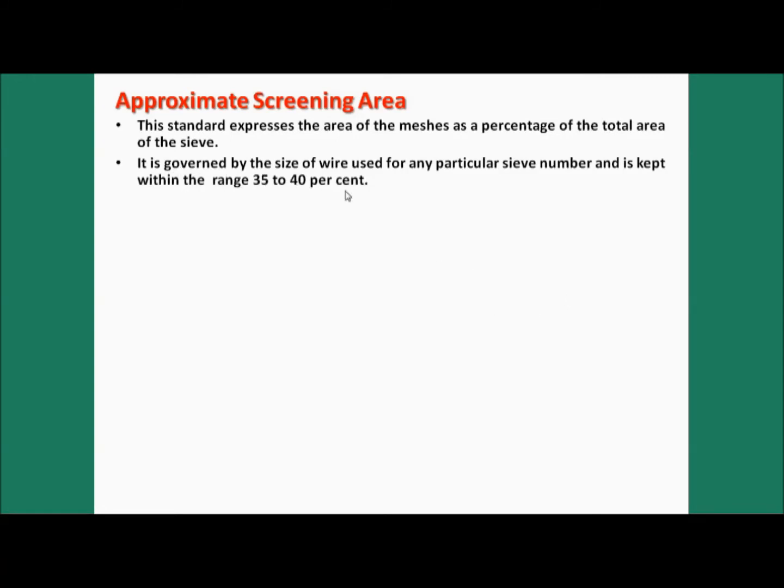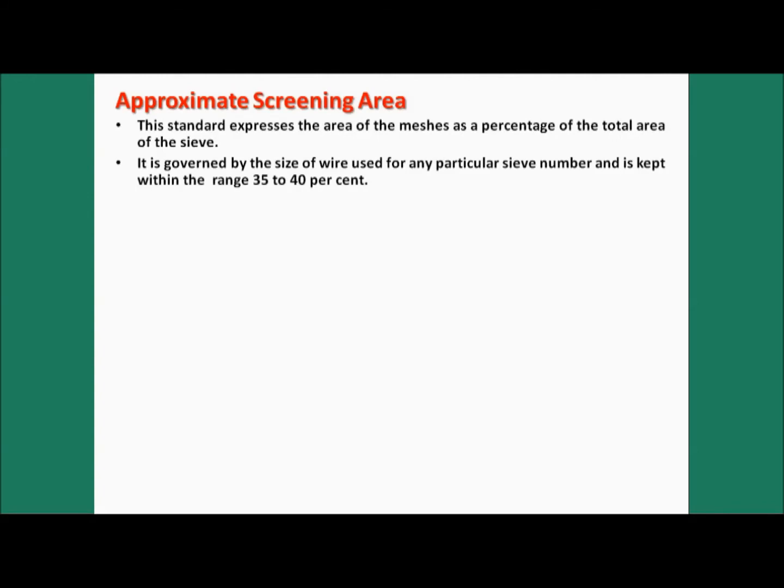It is governed by the size of the wire used for a particular sieve number, and it is kept within the range of the screening area. For a sieve, the screening area is always kept in the range of 35 to 40%, right? Not the whole sieve, it is associated with the sieving process.